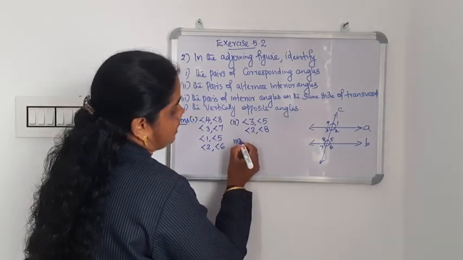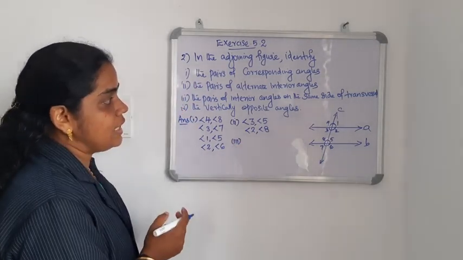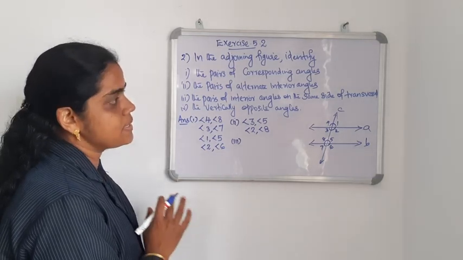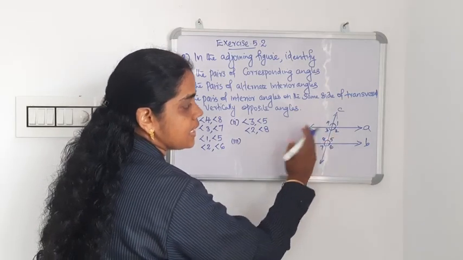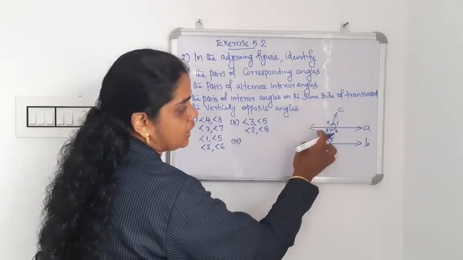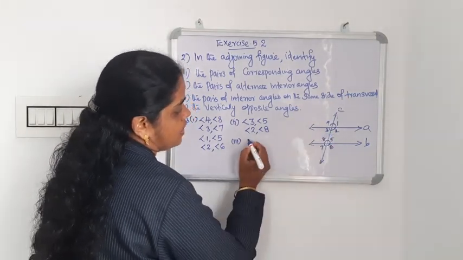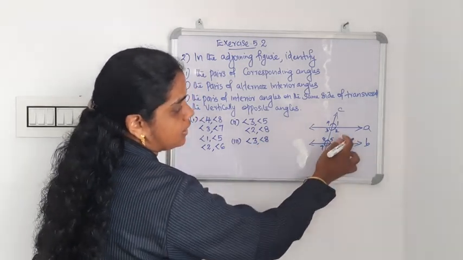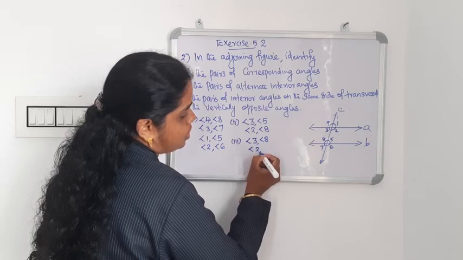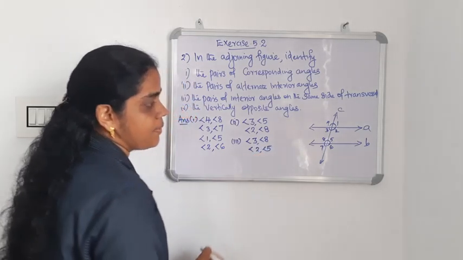Then the third question: pairs of interior angles on the same side of the transversal. This is the transversal line. What are the interior angles on the same side? They are angle 3 and angle 8. Then another one is angle 2 and angle 5.